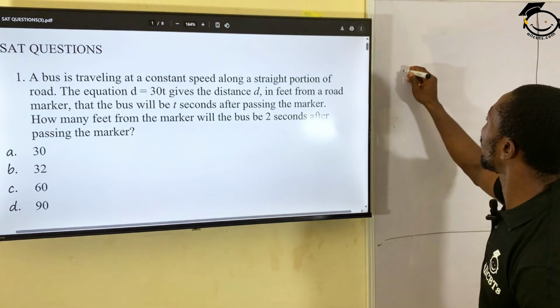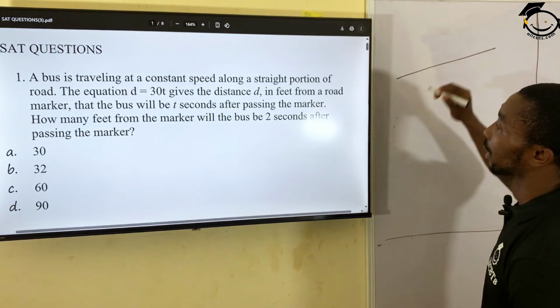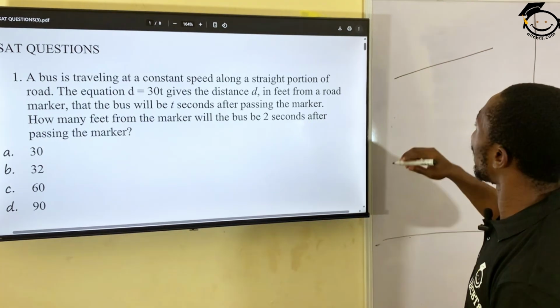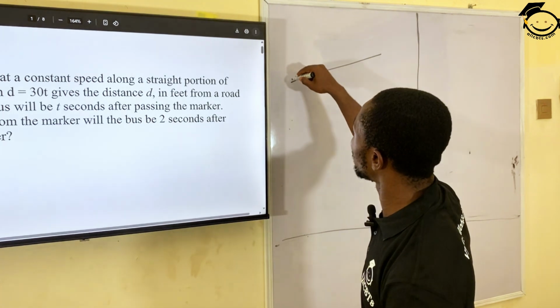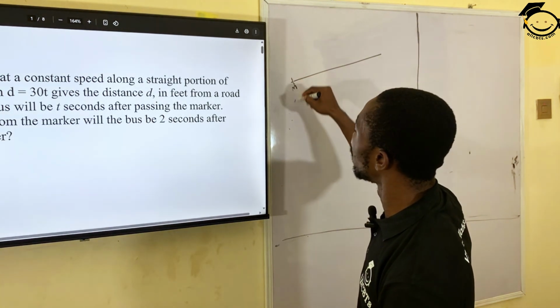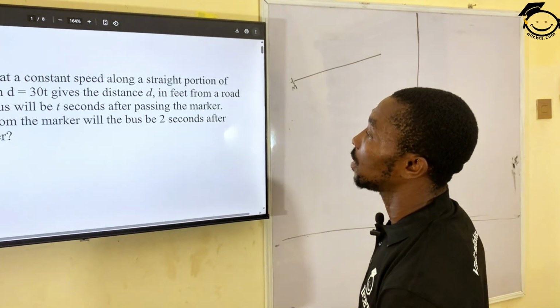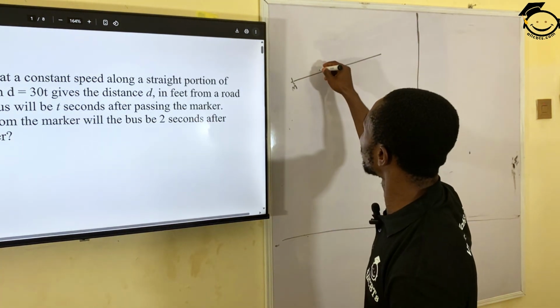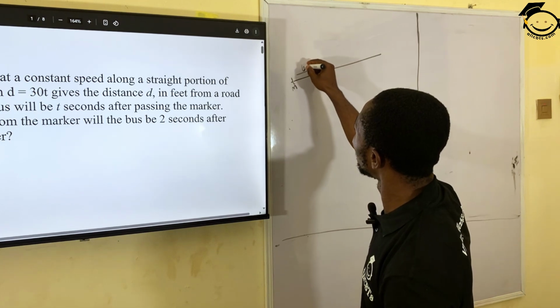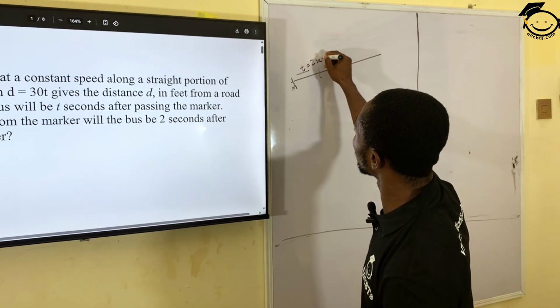Alright, let's represent our straight line road like this, and this is our marking point, M. Now, they said the bus from this marking point has gone 2 seconds, so our t will be 2 seconds.